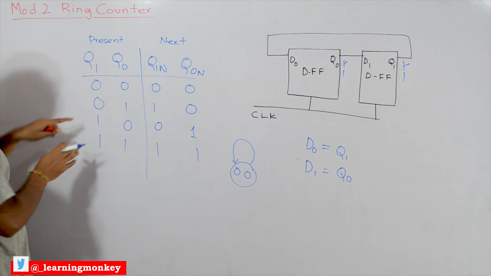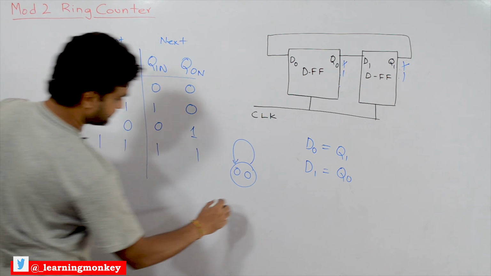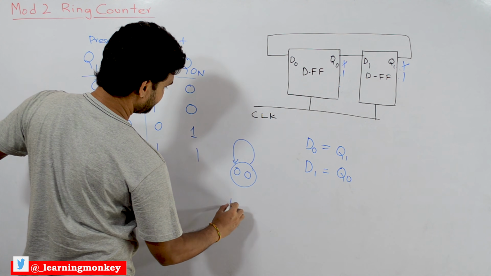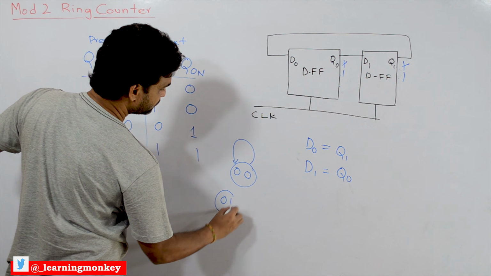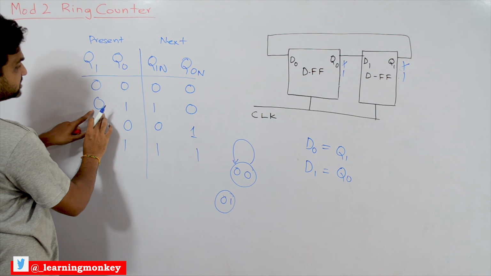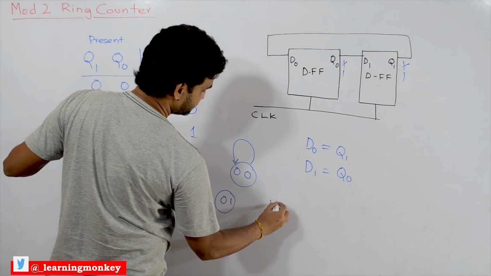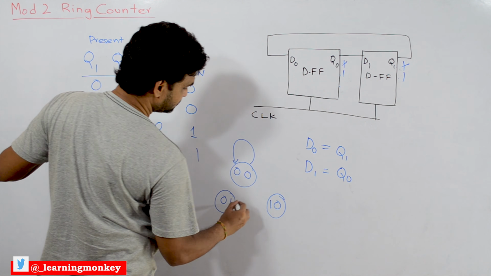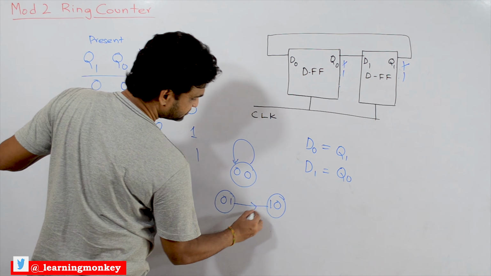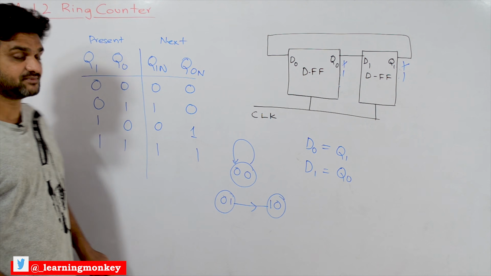Now see here, whenever the value of Q0 is 1 and the value of Q1 is 0, it is going to move to the 0, 1 state. So these are the possible states.